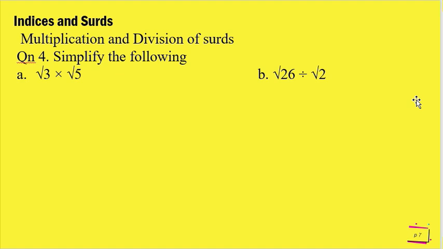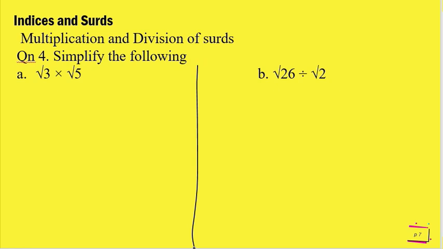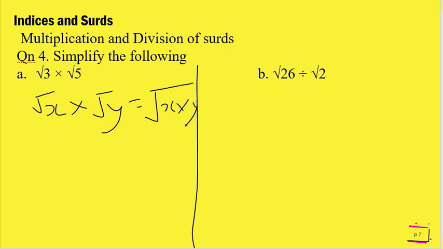Now this is question number 4. Simplify the following. Part A is very simple because we have a rule: whenever you have root x multiplied by root y, this is just x multiplied by y inside the same root, so you will have root xy.